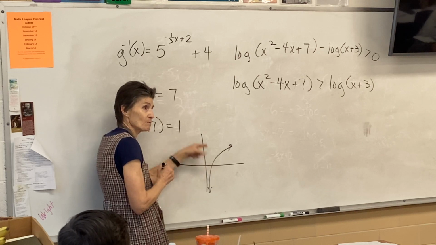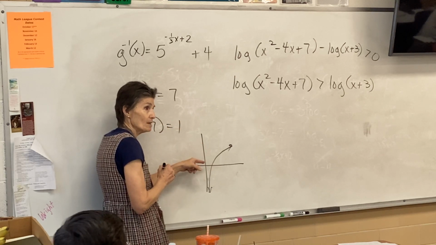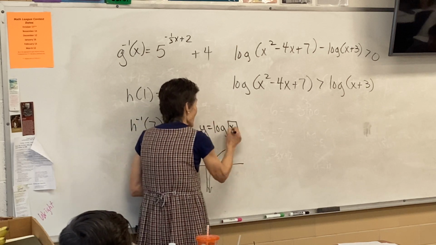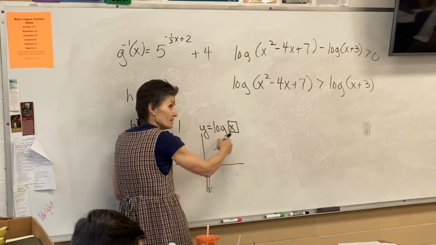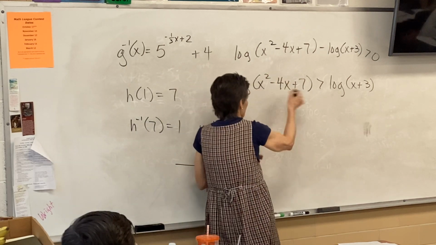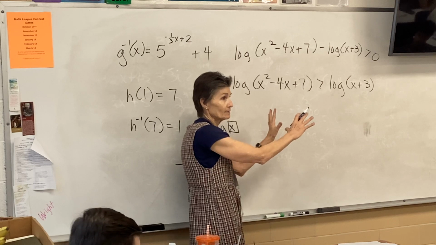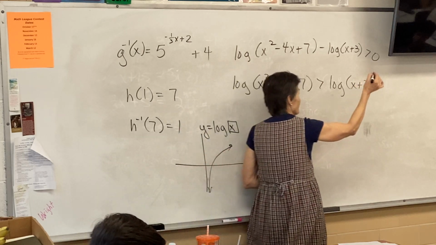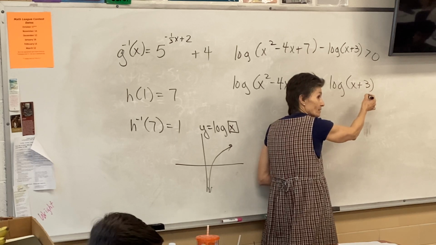X must be positive. So in other words, whatever you are logging has to be positive. So before I even start solving, this has to be positive and this has to be positive.